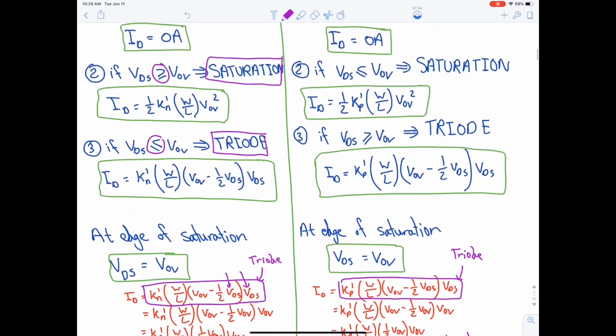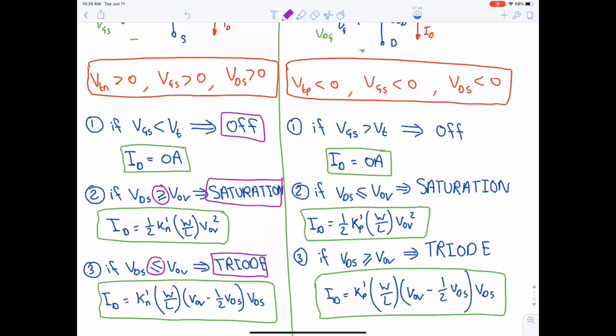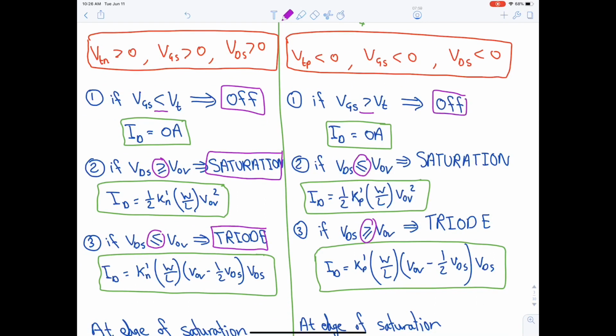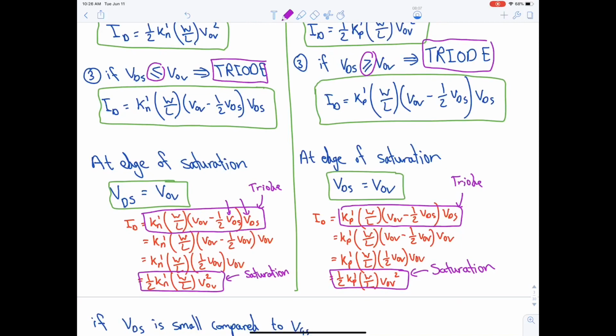The same equations apply for PMOS, but the only difference is that if here it's less than, then here it's greater than. The signs are swapped. Okay? And again, off, saturation, and triode. And when they are equal, it's the edge of saturation, and you will use the current of saturation.